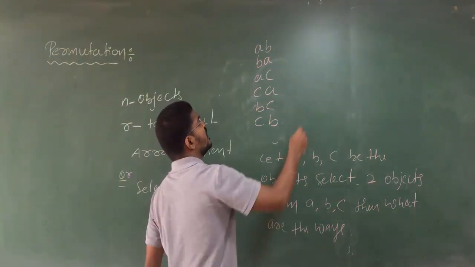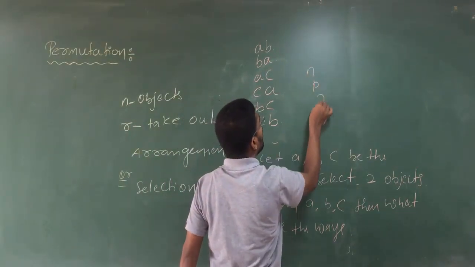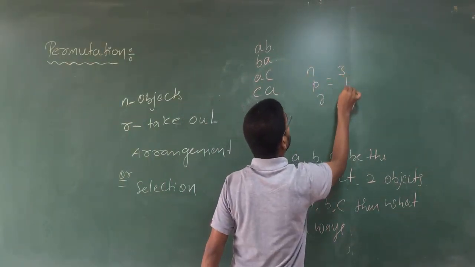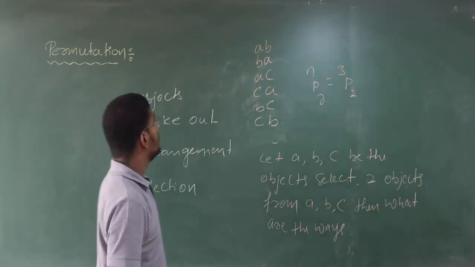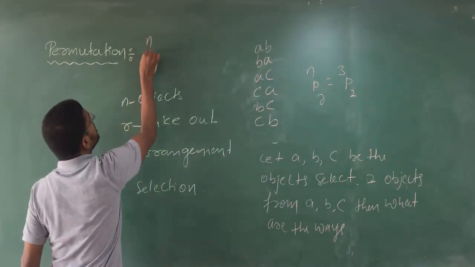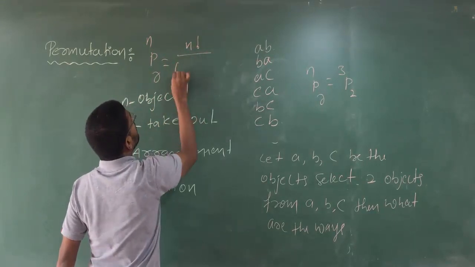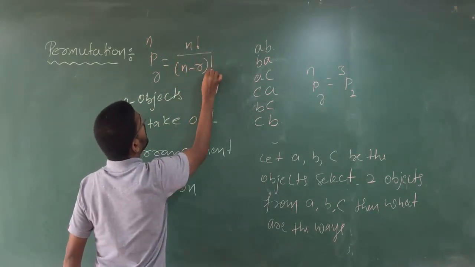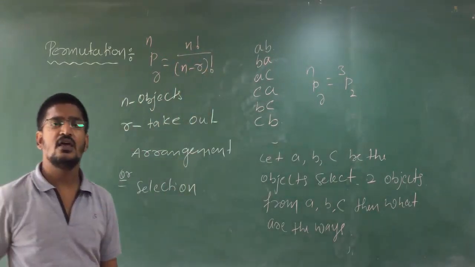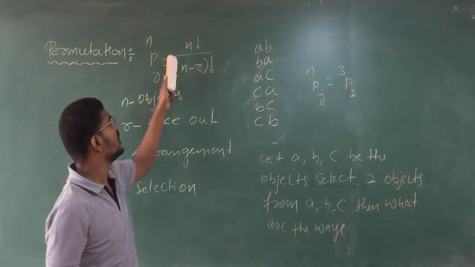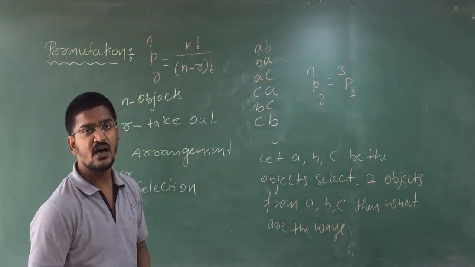Now what will happen with NPR? That is 3P2. Clear students? Please remember one formula, that is NPR equal to n factorial divided by n minus r factorial. Here NPR is n factorial divided by n minus r factorial.